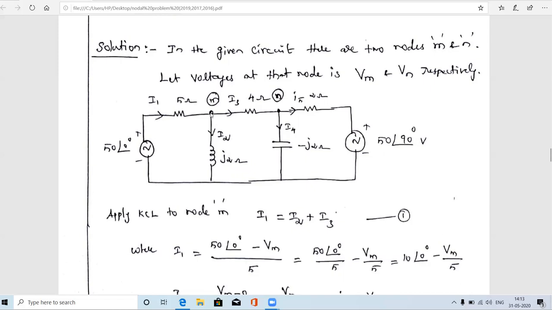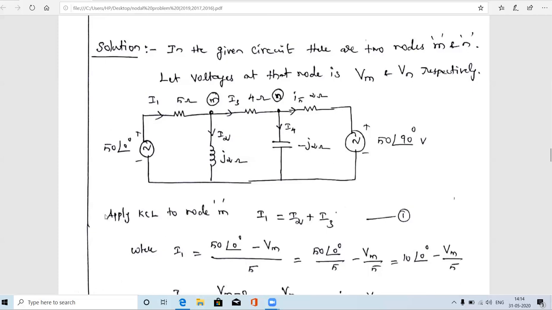This I1 comes to this node and is divided into two branches. Let the current through this inductor be I2, and the current through this resistor be I3. Similarly, when I3 comes to this node, there are again two branches, so let the currents through these branches be I4 and I5.